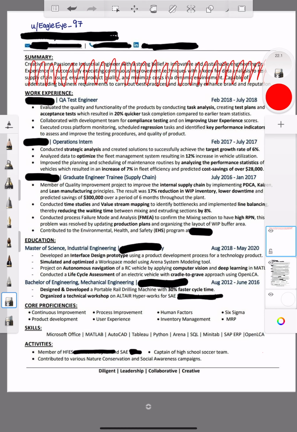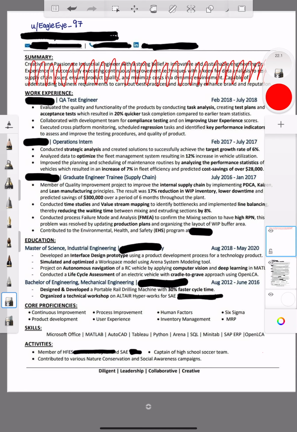Evaluated the quality and functionality of the products by conducting task analysis, creating test plans, and acceptance tests, which resulted in 20% quicker task completion compared to earlier team statistics. Okay, that's fine.